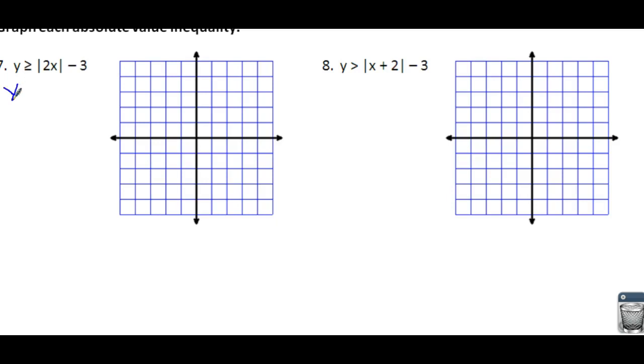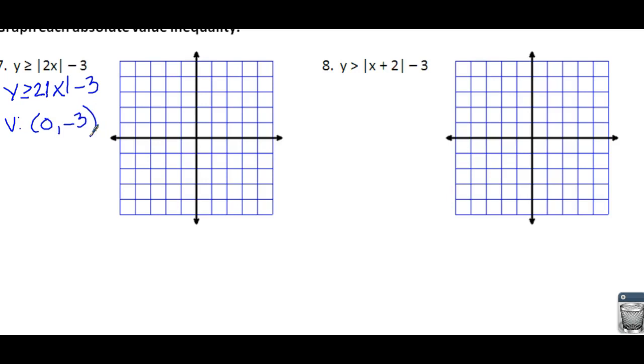So that graph is the same as y is greater than or equal to 2 times the absolute value of x minus 3. So it still represents our slope, it represents my stretching, and it tells me the direction the graph is open. So this graph has a vertex of 0, negative 3.